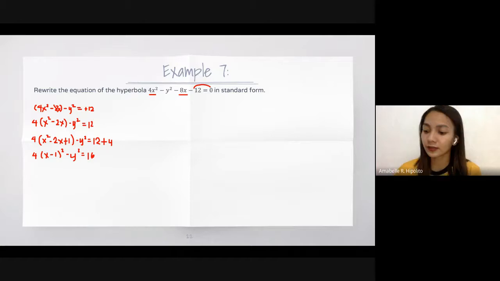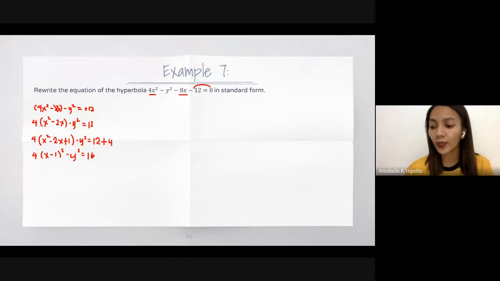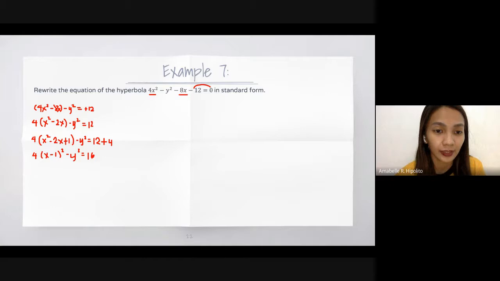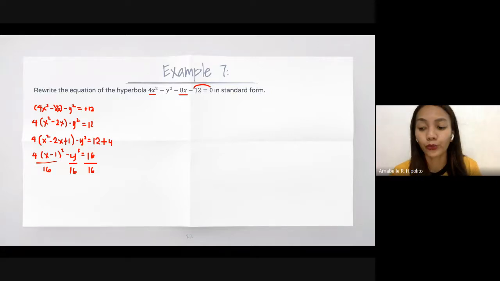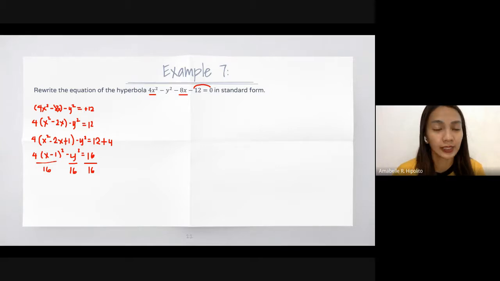And then next, divide both sides of the equation by the constant. Okay, by the constant. So, ang constant natin dito is 16, 'di ba? So, i-divide natin by 16, lahat 'yan. 16, 16, and 16. So, simplify. So, 4 divided by 16 is 1 over 4. 'Di ba? 4, 8, 12, 16. So, 1 over 4.